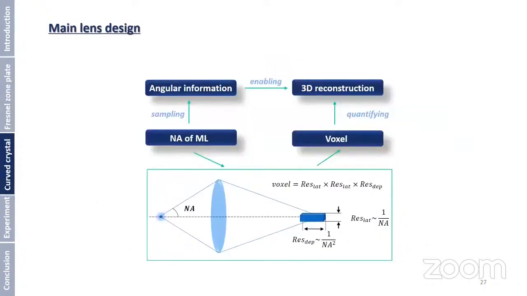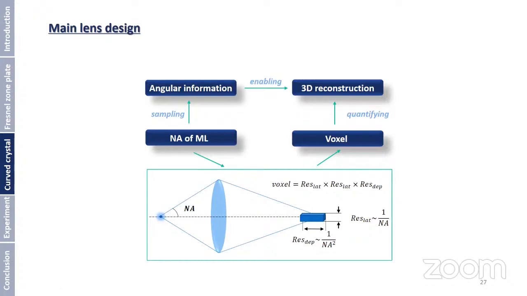And after the studies about the finite zone plate design, we will now focus on the design of the main lens. If you remember, it's the angular information that enables the 3D reconstruction of the light field. And the sampling of angular information is achieved by the numerical aperture of the main lens.